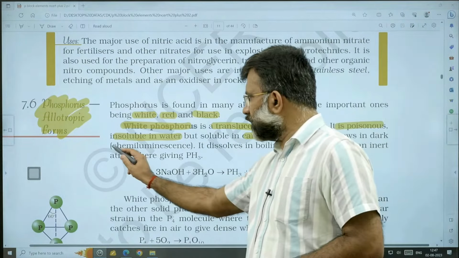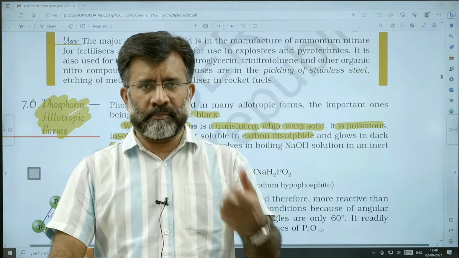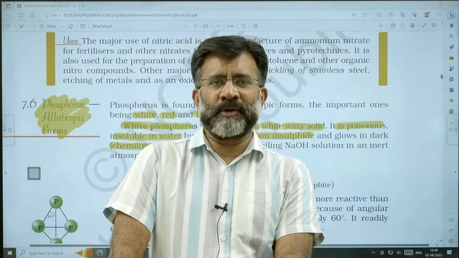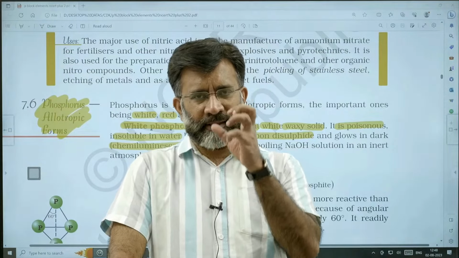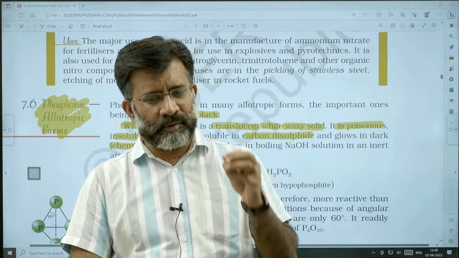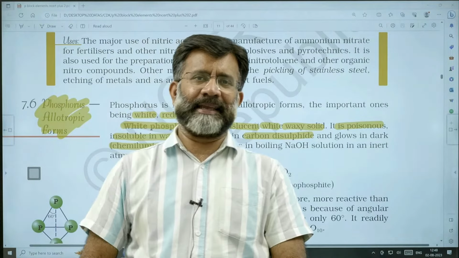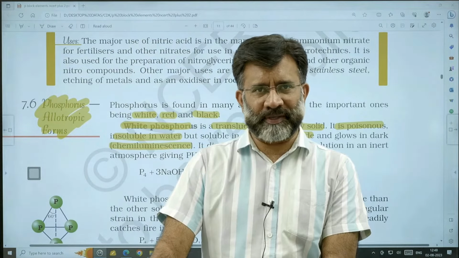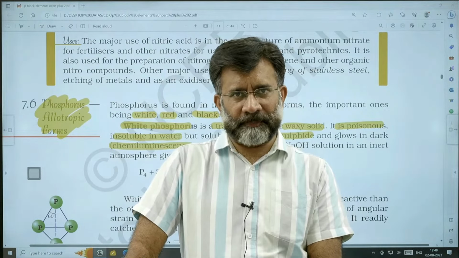It shows the property of chemiluminescence, undergoing oxidation, burning, etc. What is chemiluminescence? Giving a glow in the darkness, cold light. The name phosphorus itself is derived from that light carrying element. Phosphorus is well known for chemiluminescence, right?